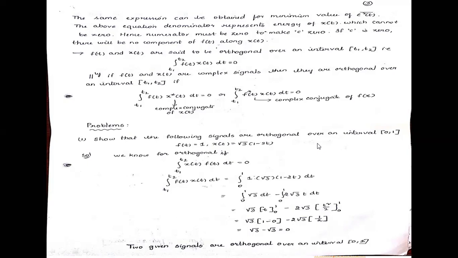What is the power of t here? It is 1. 1 plus 1 is 2. So we get t square by 2, and apply the limits from 0 to 1 for the functions.